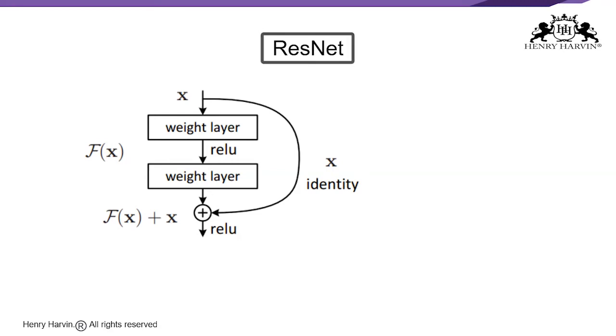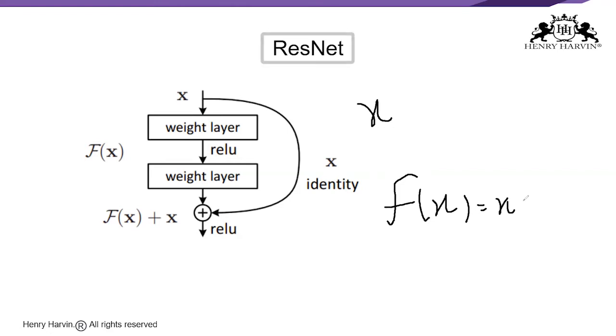What is the advantage of doing this? One argument is that it learns identity functions better. What does that mean? Suppose we have X, and after these layers, f of X is also equal to X. Then this weight matrix has to learn it, right?